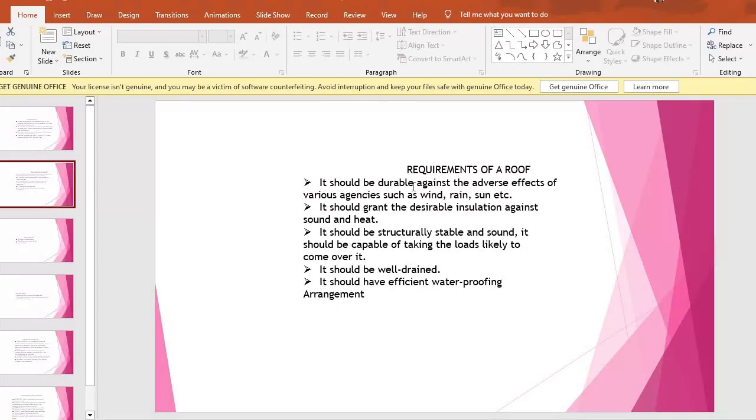So we now come to the functional requirement of the roofs, and I think I will have one of you read for us. Brian. Yes, pardon. Functional requirement of a roof. Can you read my screen? Unmute and read for us.